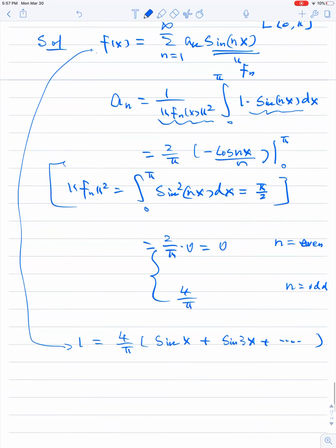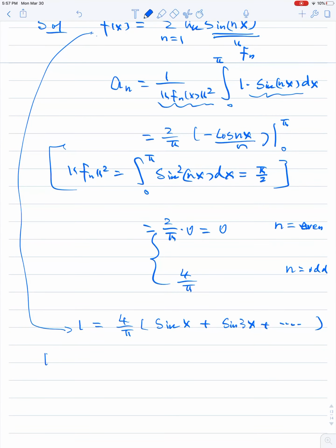Now, if you remember, we have Bessel's inequality, or Parseval's equality, that says the sum of a_n squared times the norm of f_n squared equals the norm of f squared. Here the interval is from 0 to pi. f is 1, so this is pi, and n goes from 1 to infinity.